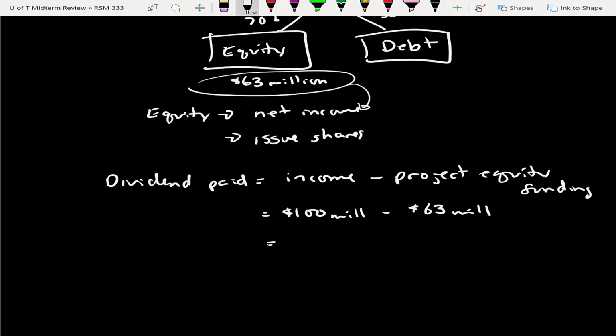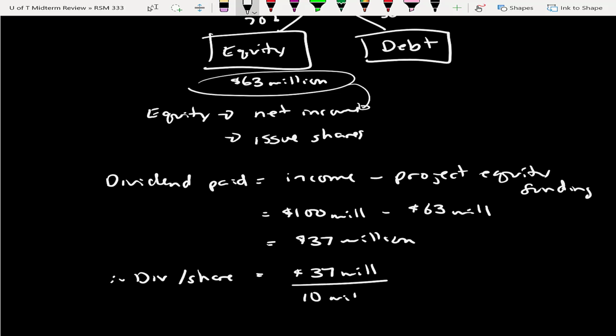So they can now pay out $37 million as a dividend. So the dividend per share in this case will be much higher. It'll be 37 million divided by 10 million shares, which is $3.70 per share.